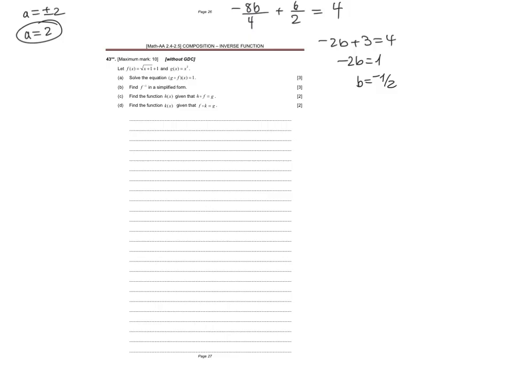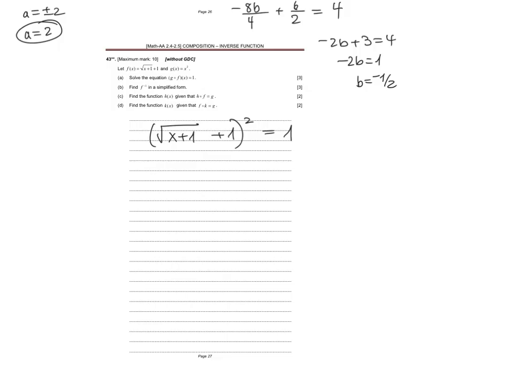All right, so for this one, f is that, g is that, solve the equation. So we want to substitute f into g, so we're going to have the square root of x plus 1, plus 1, squared, and we want that equal to 1.